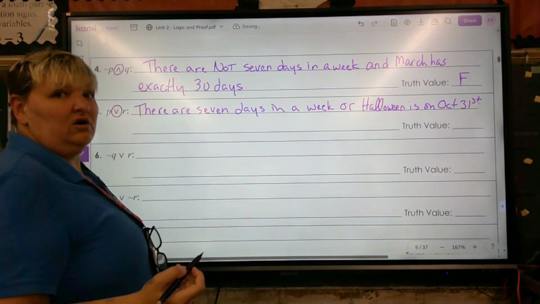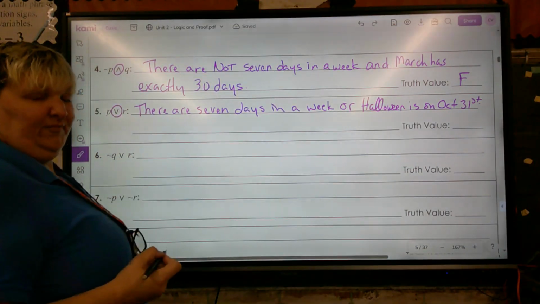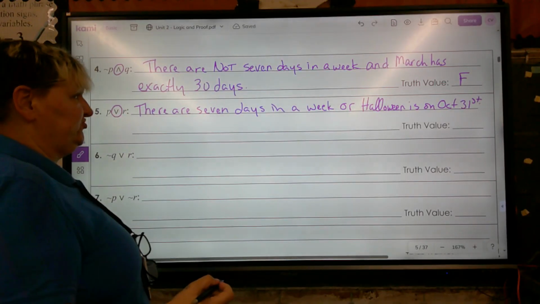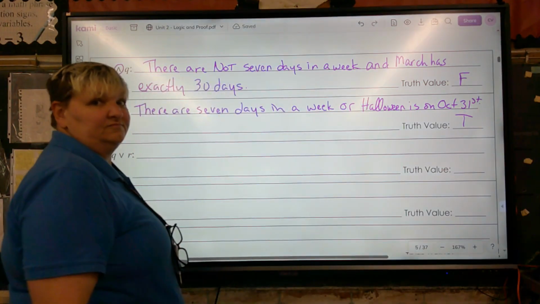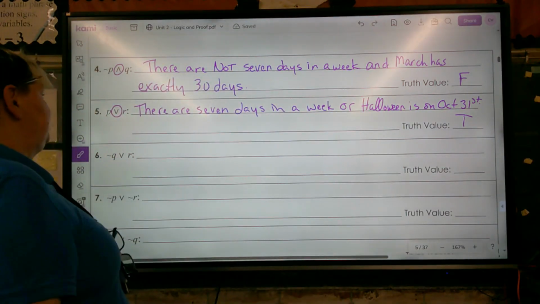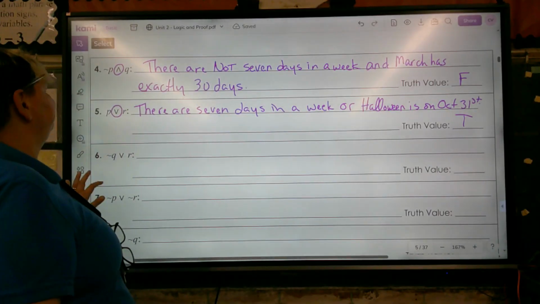Because it's an or, one or both of them can be true to make the statement true. True, true. You only need one of them to be true. Both of them were true.